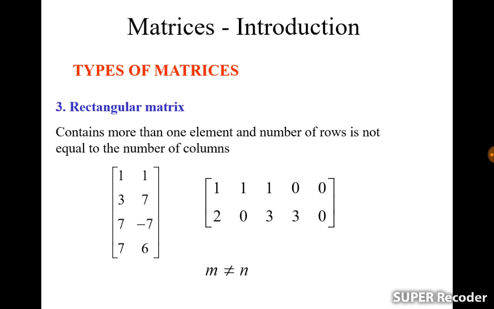Rectangular matrix: contains more than one element and the number of rows is not equal to the number of columns, m not equal to n.